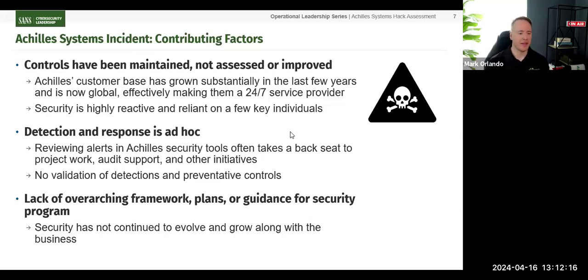Achilles also hasn't really done anything to validate detections and preventative controls. There's no overarching framework, no strategy, no long-term plan for the security capabilities that have been deployed. So it's very unlikely that security has continued to evolve and grow at the same pace as the Achilles Systems business.